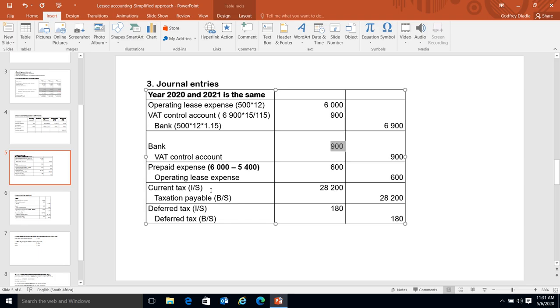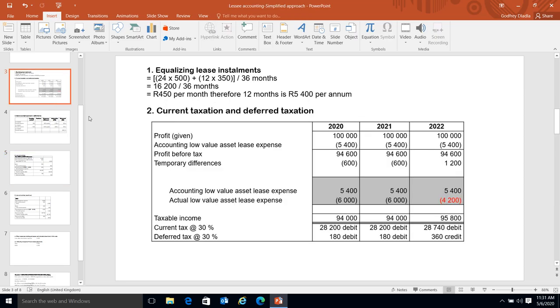Right. Now let me explain the last two journal entries first, and then I'll leave the current tax and deferred tax on, because those ones are easy, they emanate from here. So your tax in the first day is 28,200. Here you've got 180, which is sitting as a debit since this one is taxable. Okay, since this one is taxable, it creates a liability, debit income statement, credit the balance sheet.